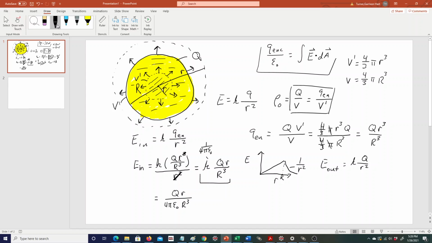Okay, so that is the field inside the sphere, right?